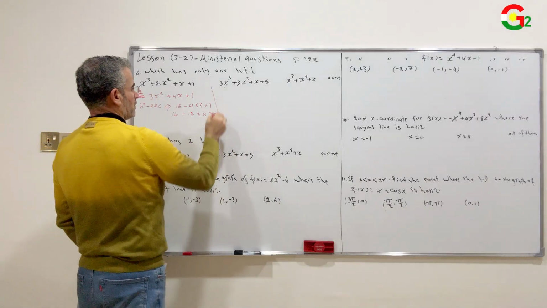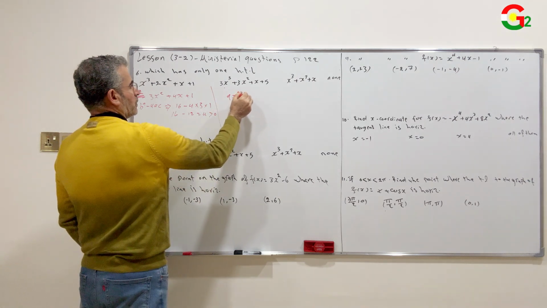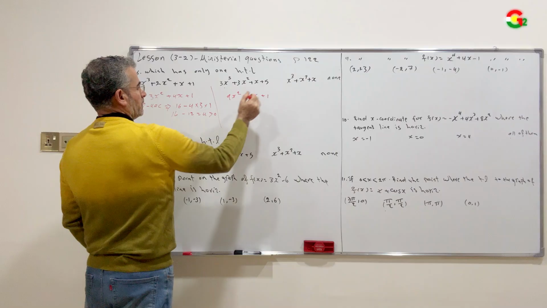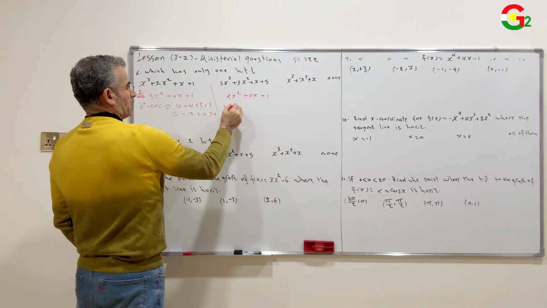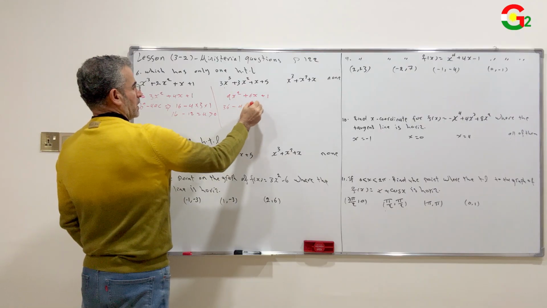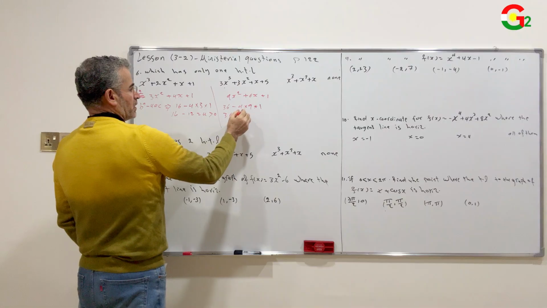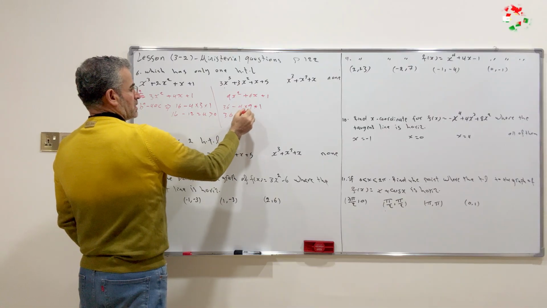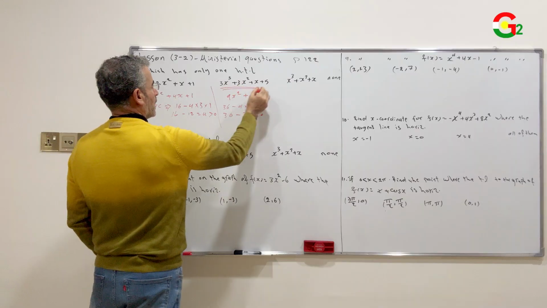Let us check this function. 9x power 2 plus 6x plus 1. Then b square, 36 minus 4 times a, 9, times c, 1. 36 minus 36 equals 0. This function has only one horizontal tangent line.